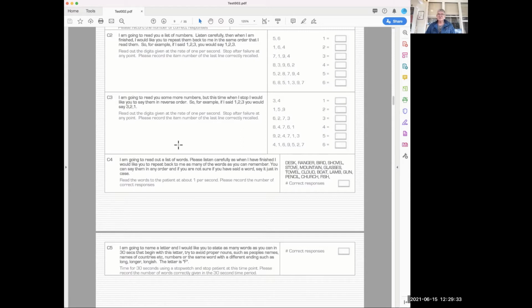So now let's go through how to score and record this. The first rule is that if any part of the survey can be administered, then the cognitive domain can be recorded.